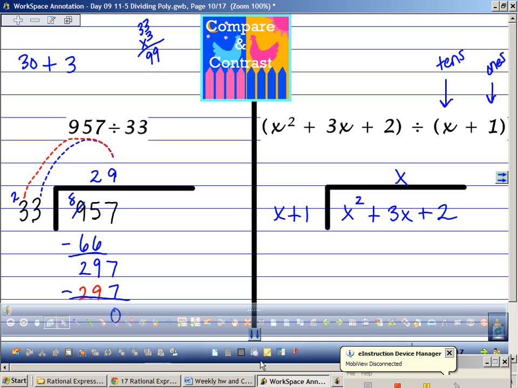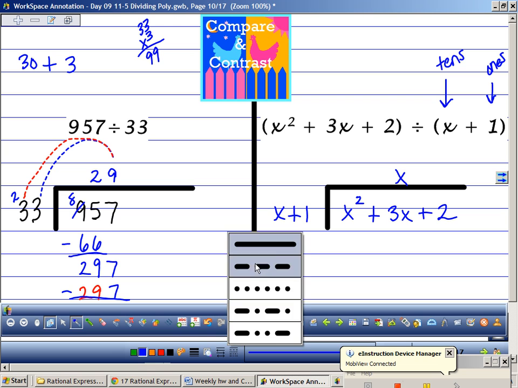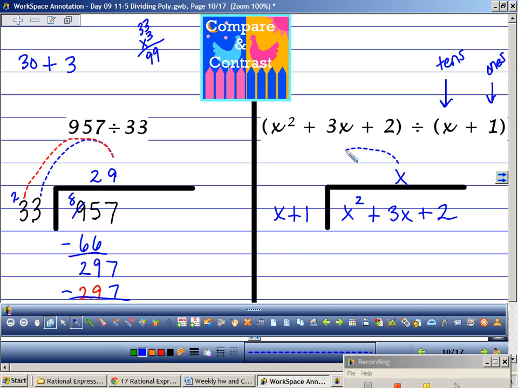So what am I going to multiply? Hold on. So x times 1 is x. So we're going to do this one first.